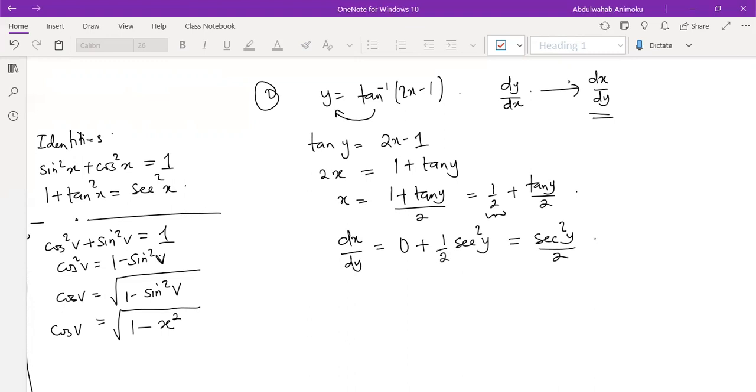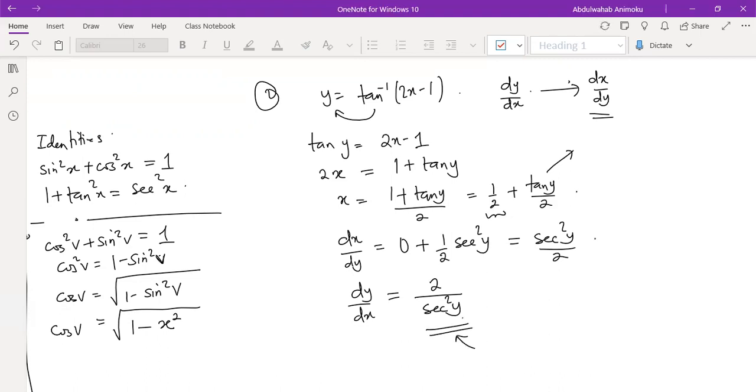All right. Don't forget, derivative of tan y is secant square of that function of y. Okay. Now, what is dy dx? So we can easily say dy dx is going to be reciprocal of this, which is 2 over secant square y.